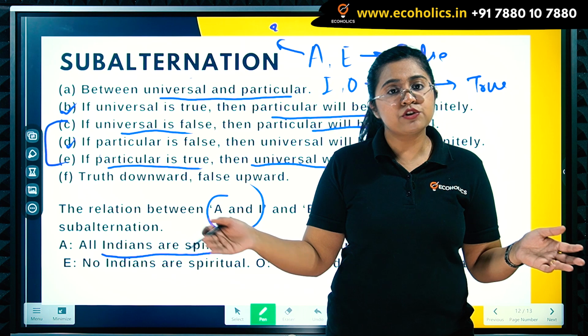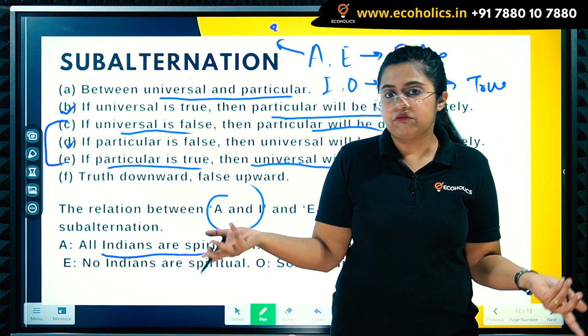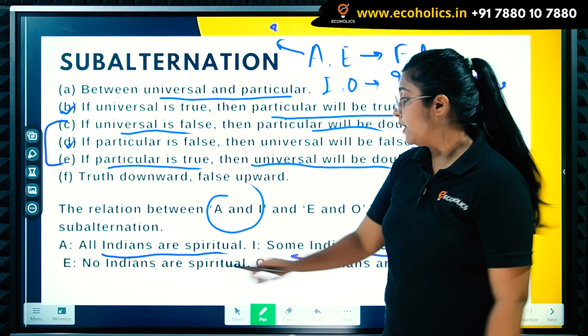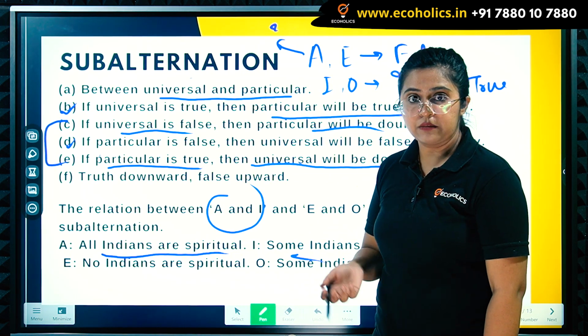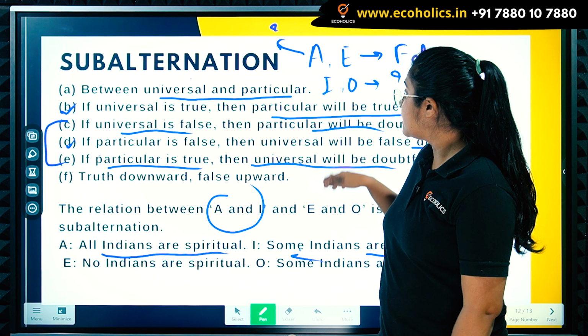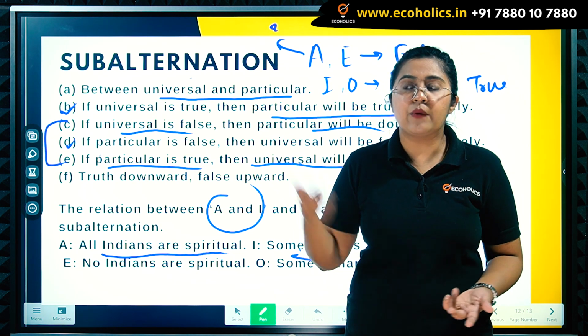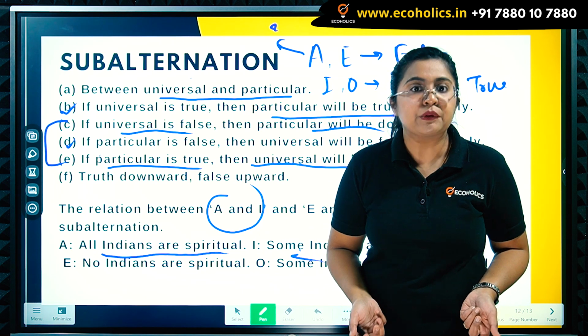All Indians are spiritual, some Indians are spiritual, both sentences are true. If universal is false, all Indians are spiritual is a false statement, then some Indians are spiritual is going to be doubtful, because you do not know where this information is coming from.